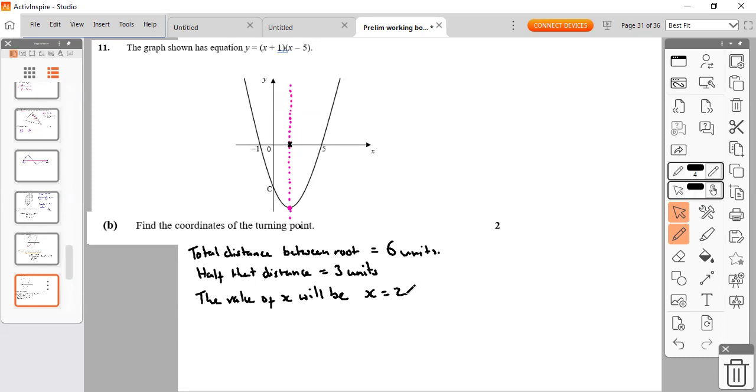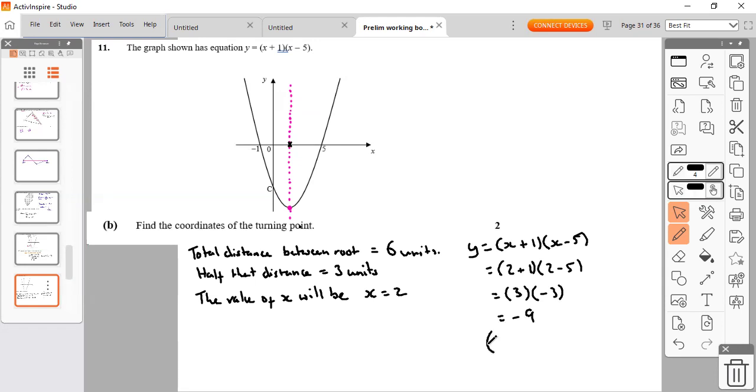And you just substitute that into your y equals (x plus 1)(x minus 5). 2 plus 1 is 3, 2 minus 5 is minus 3, so minus 9.